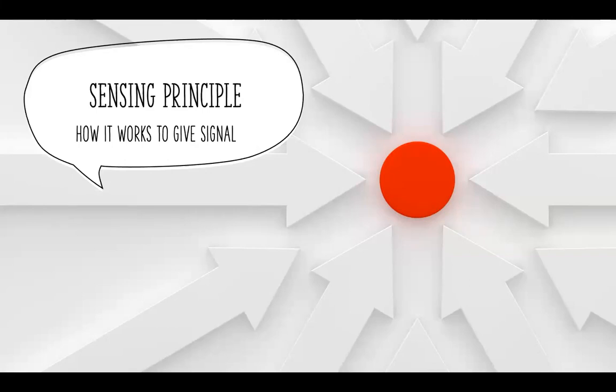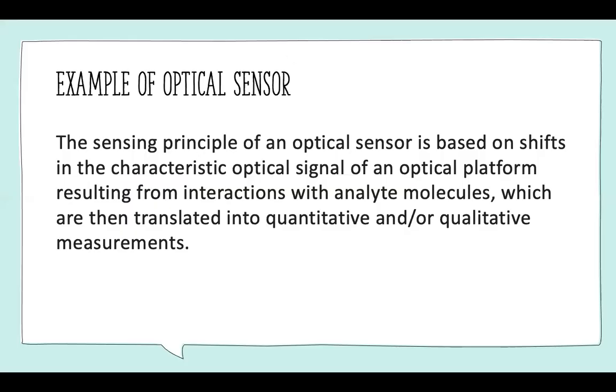If you're working with optical, do you have an optically active compound that will change the signal once it interacts with the analyte? This has to be answered first, especially when you are working with biosensors. You have to check whether your biomarker is responsive and selective towards the analyte that you want to measure.